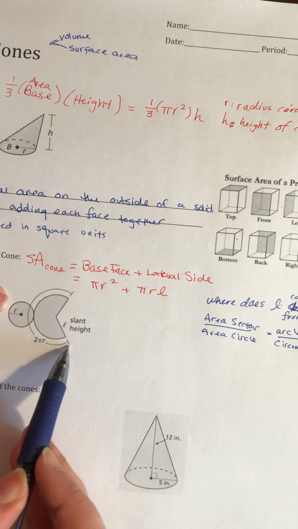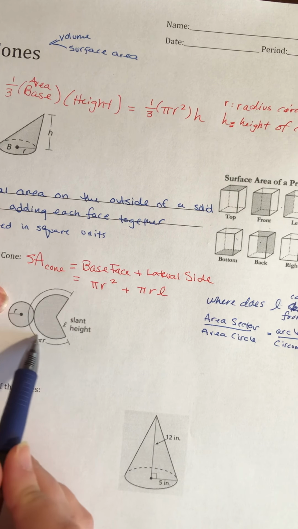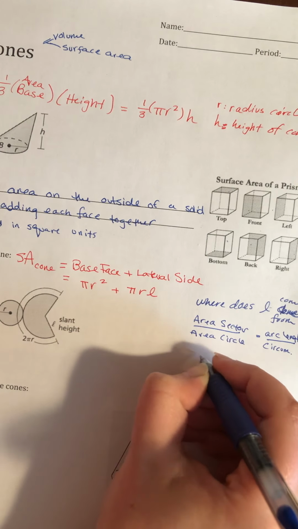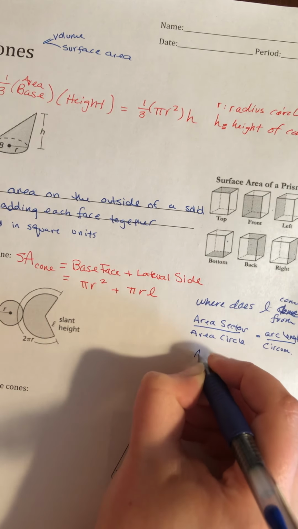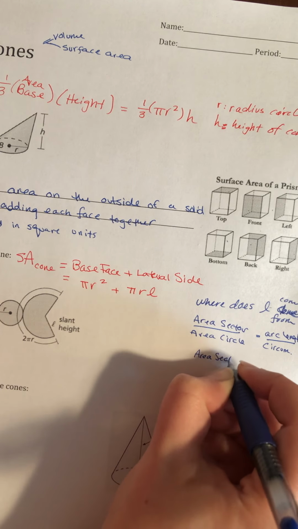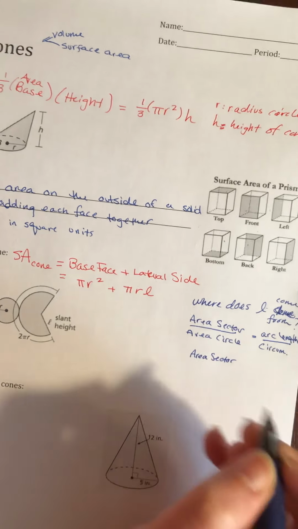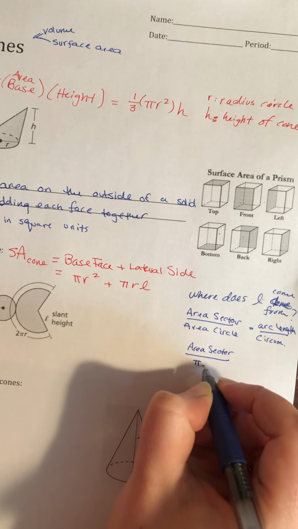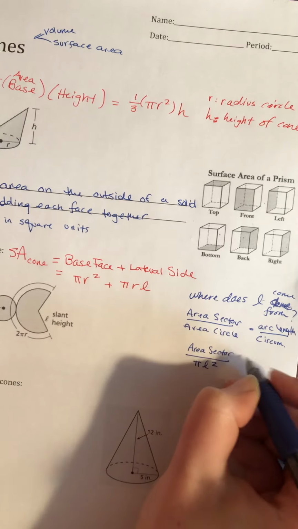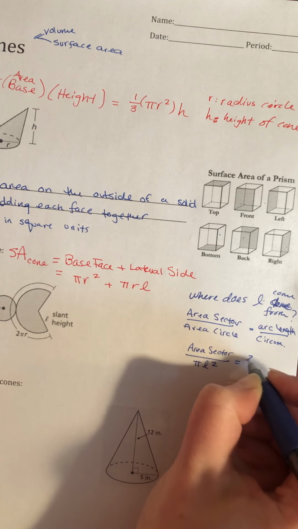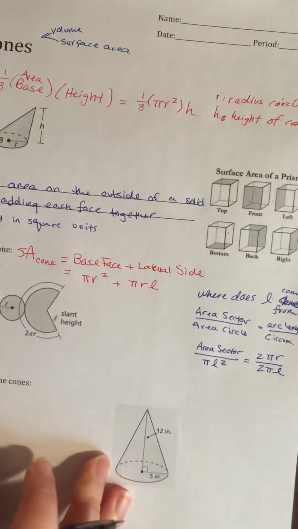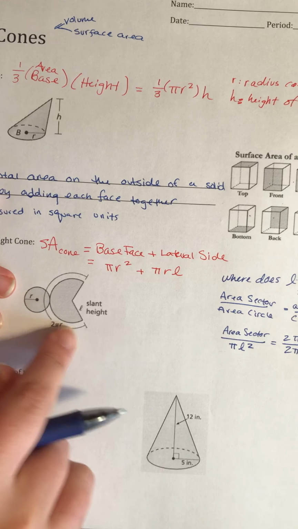And then you can see 2 pi r is this length right here. So area of the sector over pi L squared equals 2 pi r over 2 pi L. Essentially it's comparing the two circles.